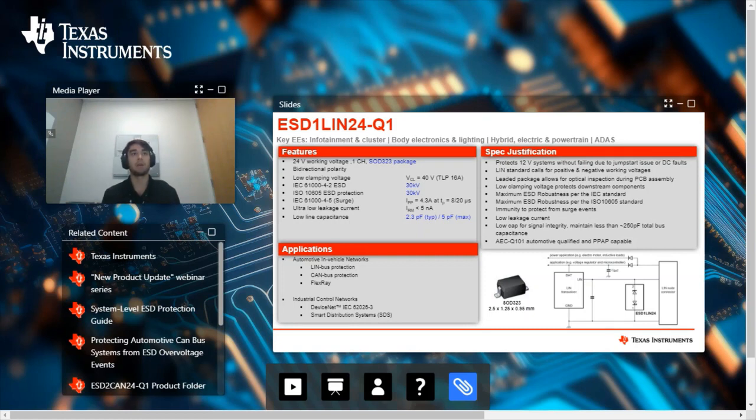And the IEC and ISO ESD ratings are maxed out at 30 kV. And again, the low line capacitance here of 2.3 pF is more than sufficient for LIN data rates, leaving the designer a lot more room in their capacitance budget.